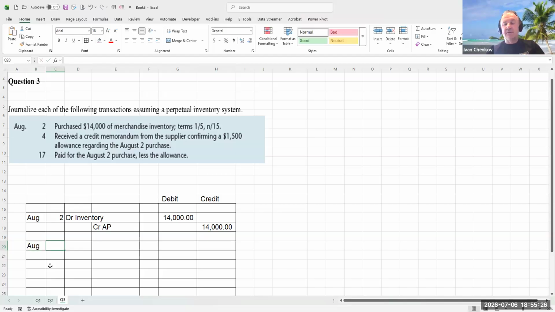On August 4th, now if we don't have to pay for those items, that means we can reduce our accounts payable. Debit accounts payable for $1,500 and credit, since we don't have the items, we ship them back, credit inventory with the same amount, $1,500.